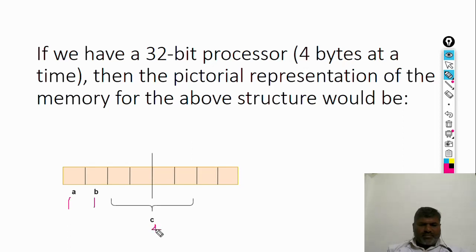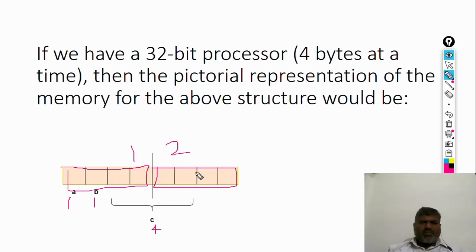If the memory is allocated in this way, whenever the processor is reading, in the first cycle it will read the first 4 bytes, and in the next cycle it will read the next 4 bytes, and these 2 bytes are empty bytes. Now what is the problem in this case? It is reading a and b, no issue. There is 1 byte of character a and 1 byte of b it is reading. But when it is reading the integer value, it is reading in 2 different cycles. In the first cycle it is reading half of the integer, and in the second cycle it is reading the other half of the integer.